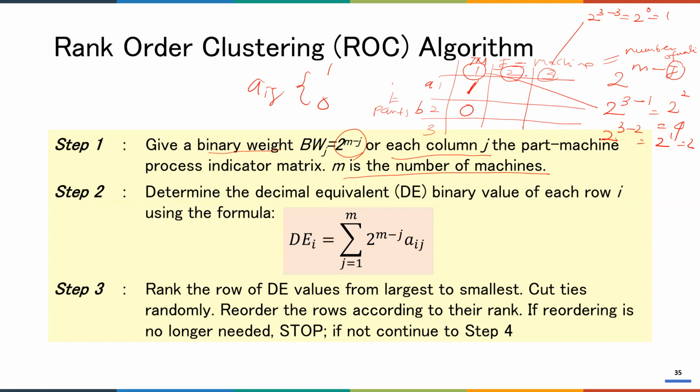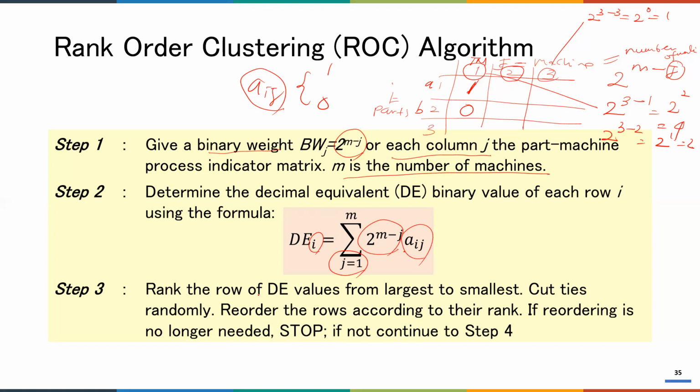After having all the binary weights for each column in our indicator matrix, we calculate the decimal equivalent, DE, by summing, for each row, for each part, all these values multiplied by your previous indicator matrix AIJ, whether there is a process or not in this particular machine.